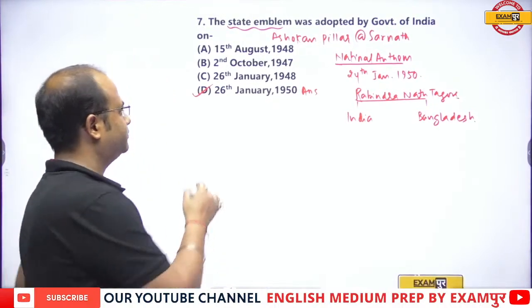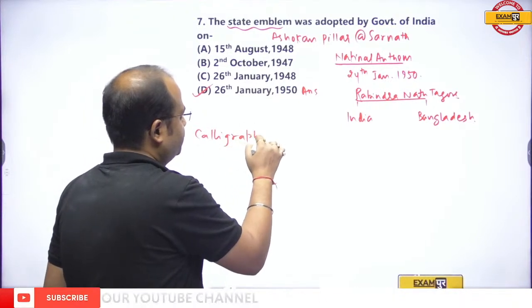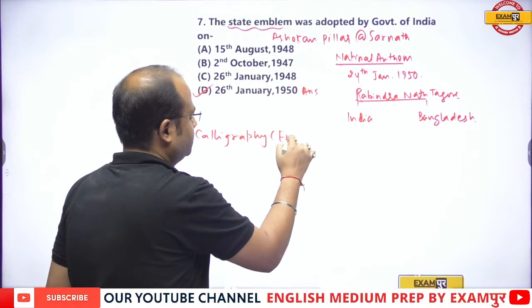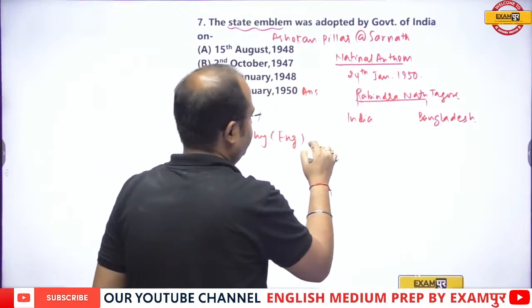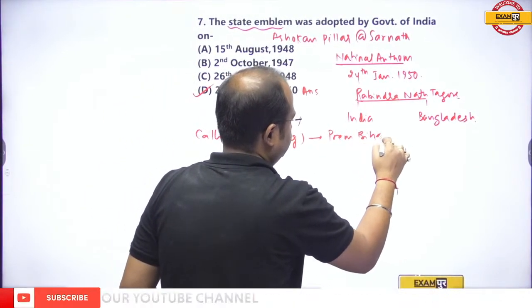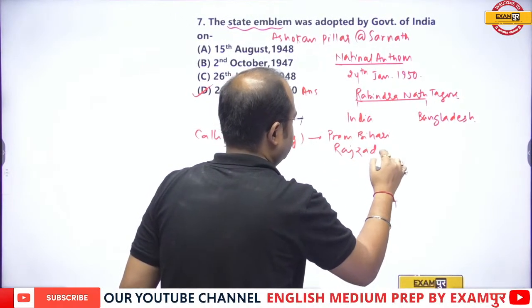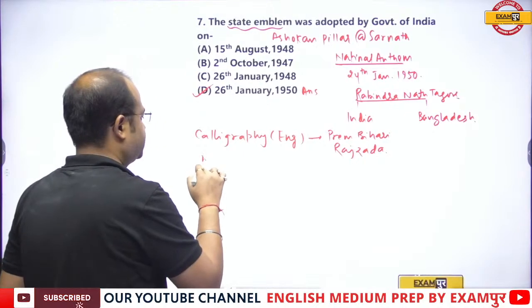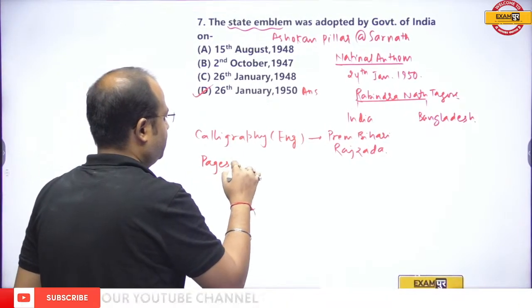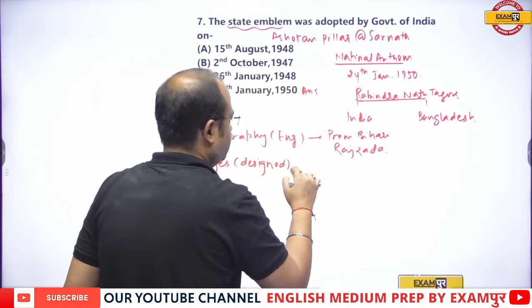Calligraphy, especially in English, was done by Prem Bihari Raizada, and pages were designed by Nandalal Bose.